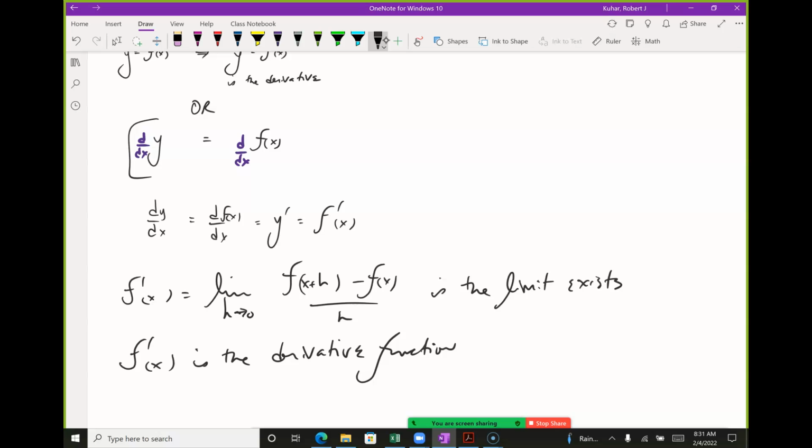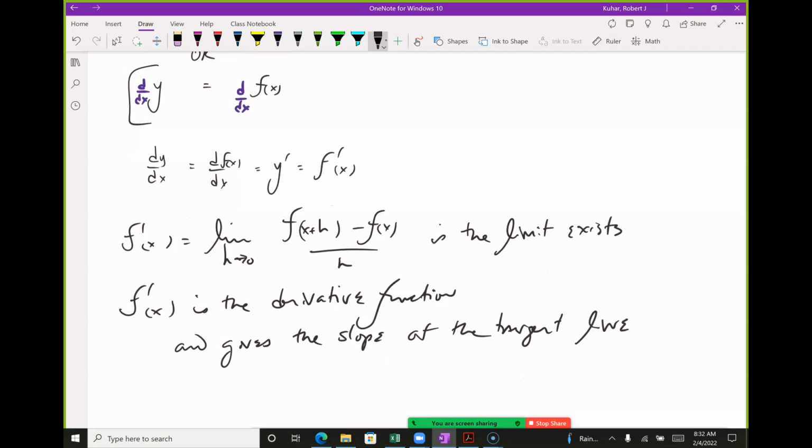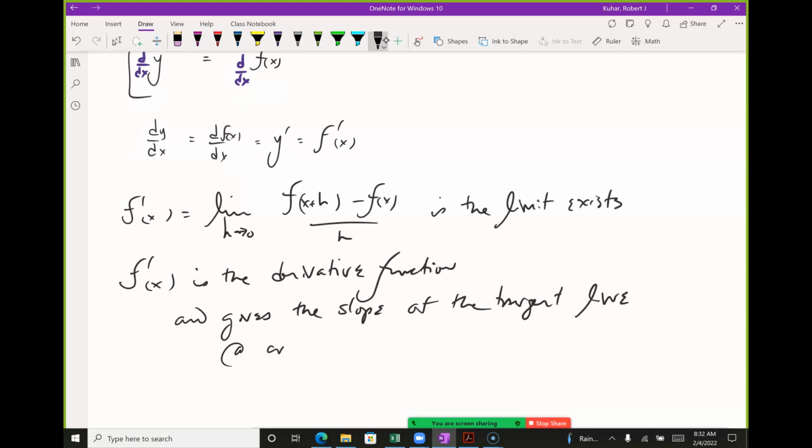It gives me the slope of the tangent line at any point along the curve, or on the graph of f of x, right? On the curve, same way.